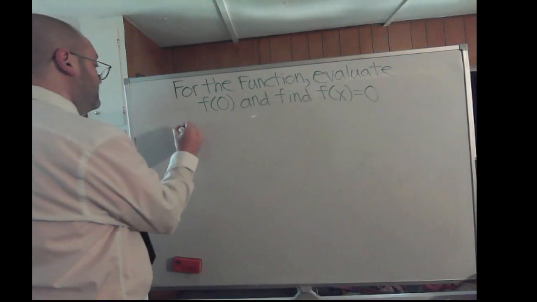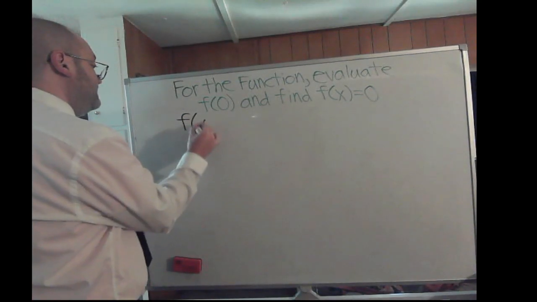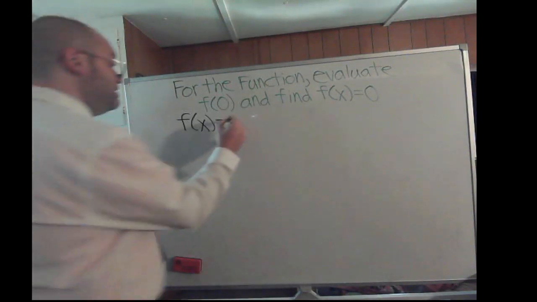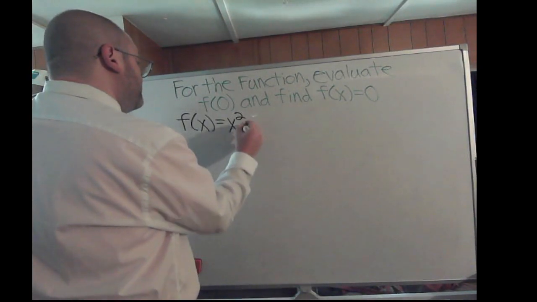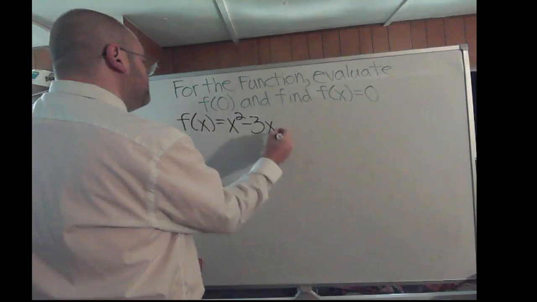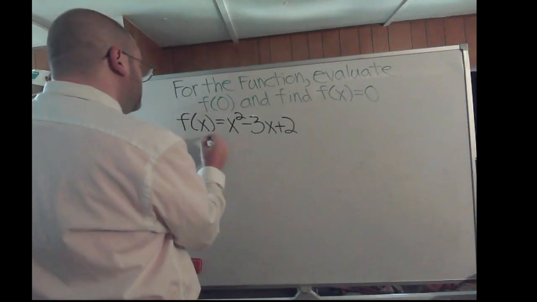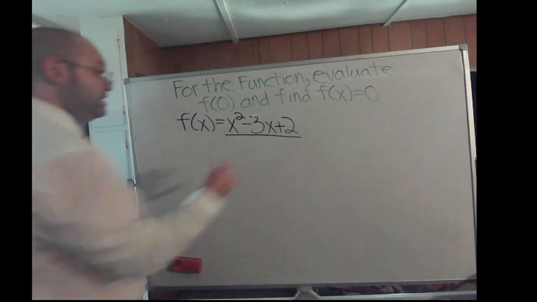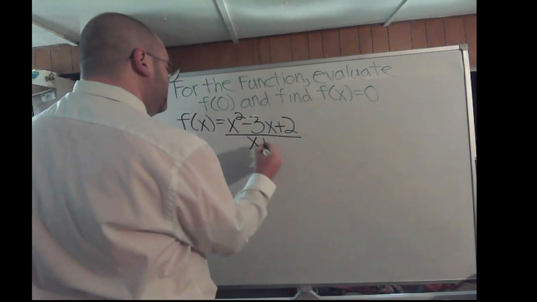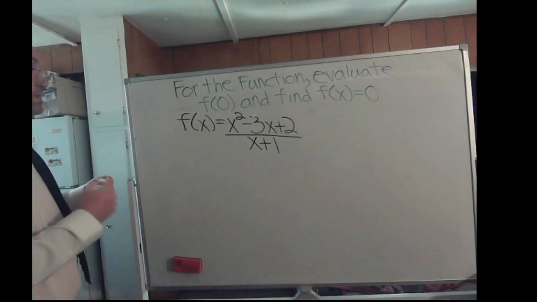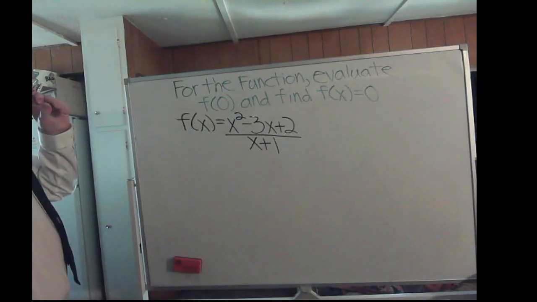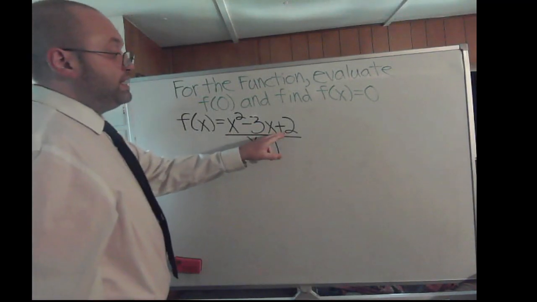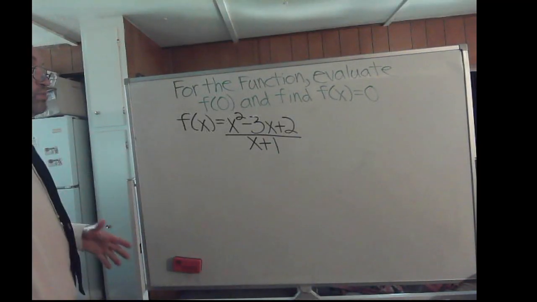Alright, let's see here. f of x equals x squared minus 3x plus 2 all over x plus 1.